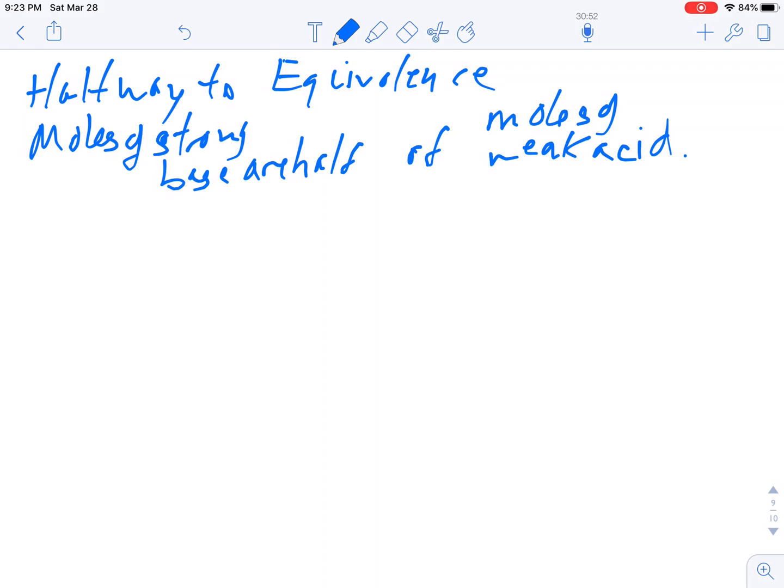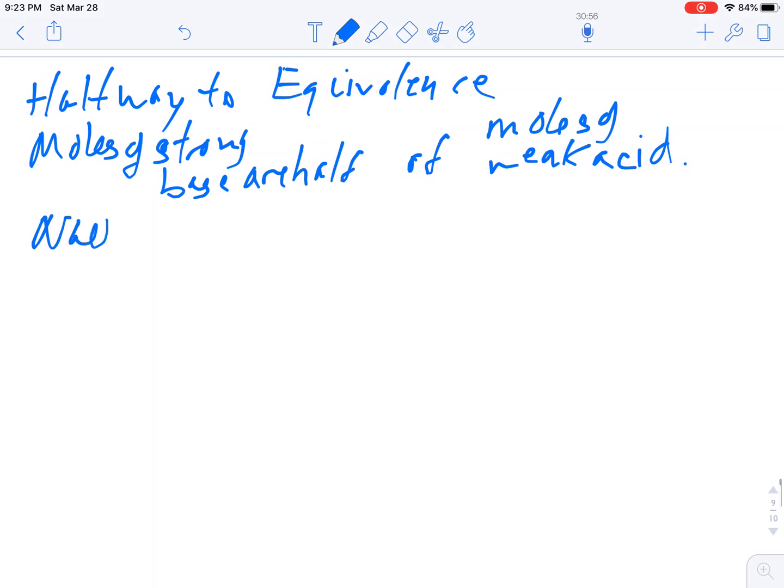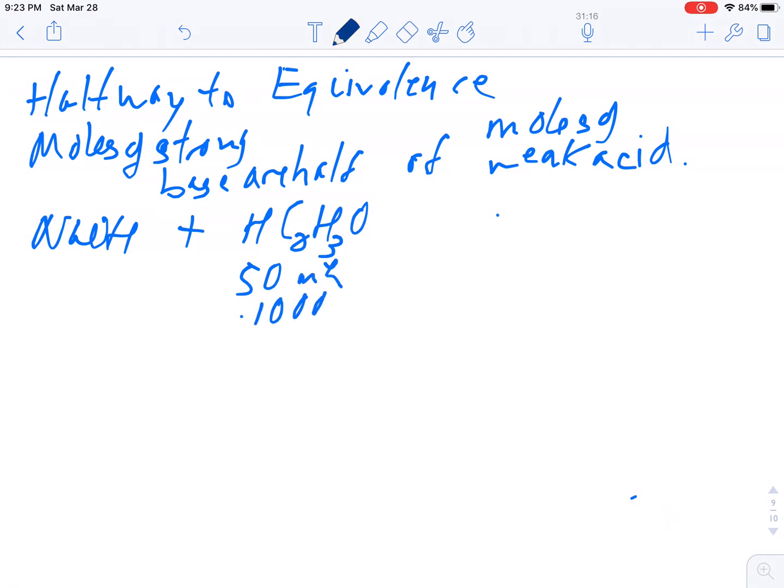Well, why do we care about that? Let's do a before and after table here. So we've got sodium hydroxide, and we've got our weak acid, 50 mL, 0.1 molar.